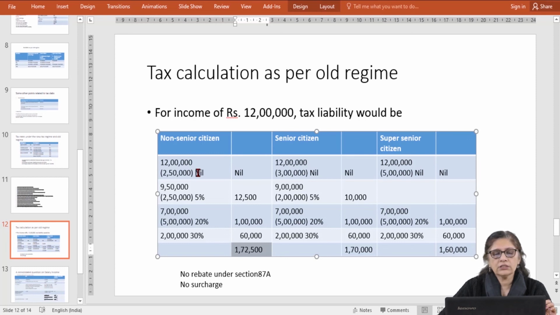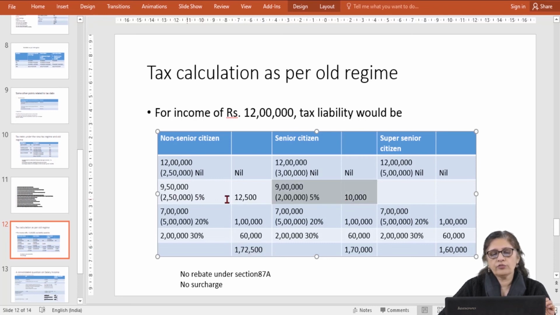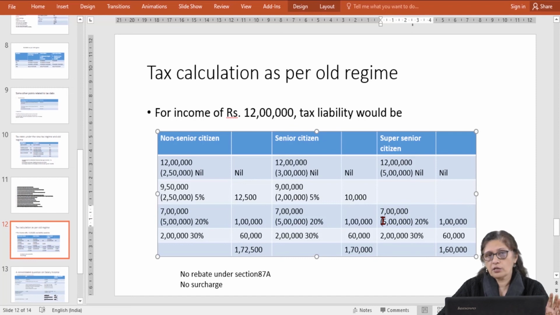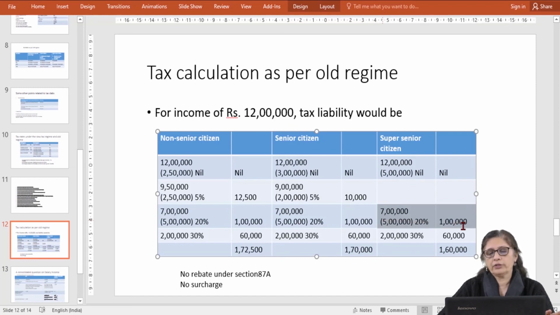For a senior citizen, instead of 2.5 lakh, this becomes 3 lakh. So there is a change only in this. As against 5% on 2.5 lakh, we apply 5% on 2 lakhs. And for a super senior citizen, there is no 5% slab applicable. So straight 5 lakhs exempt and 7 lakhs is the remaining income, of which 5 lakhs would be taxable at 20%, remaining at 30%.